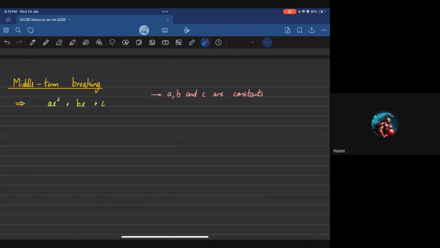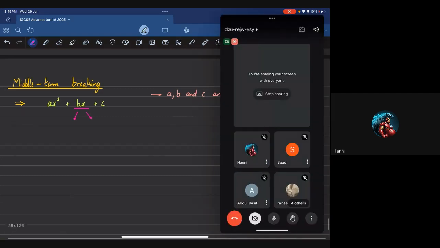What happens in middle term breaking is pretty simple. The middle term is bx.